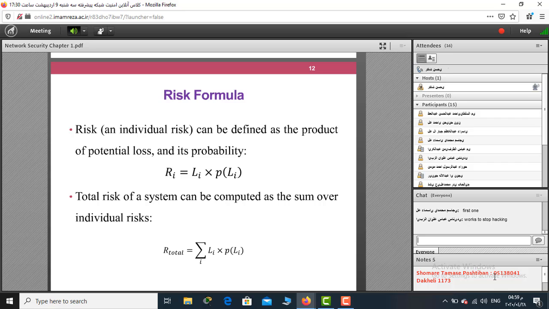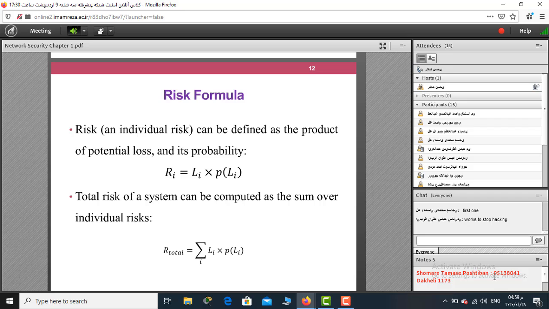So the formula states the same meaning. Risk, for now, an individual risk, not total risk, a single risk, can be defined as the product of potential loss and its probability.